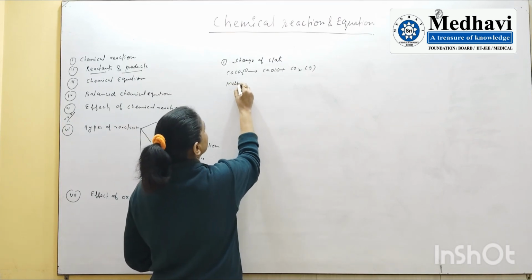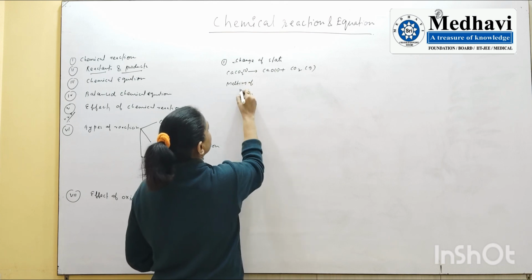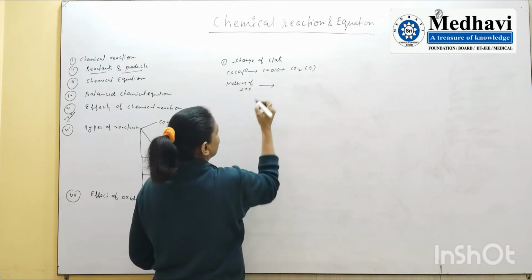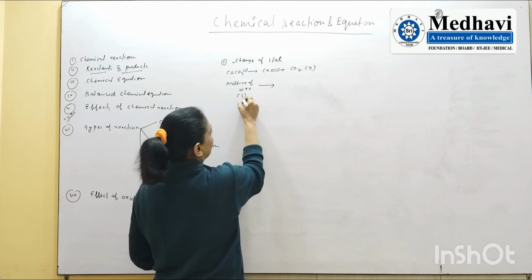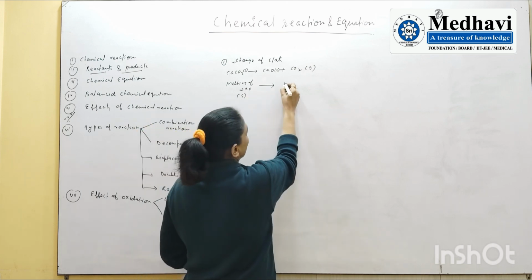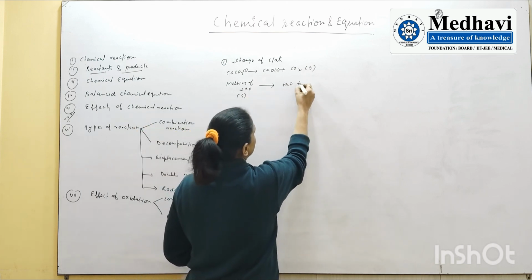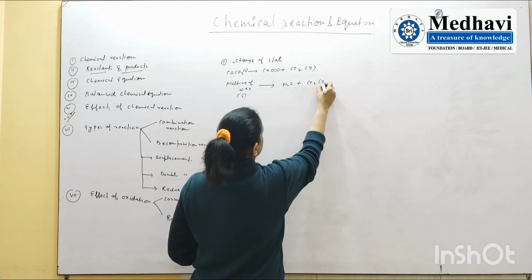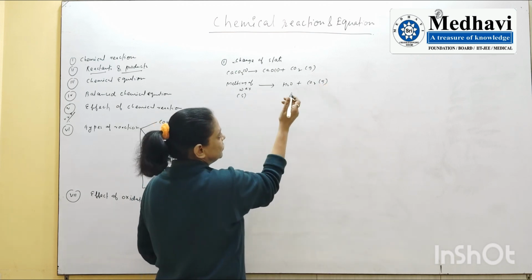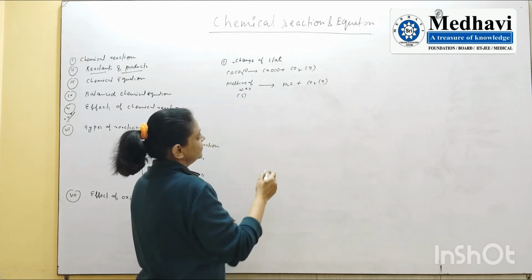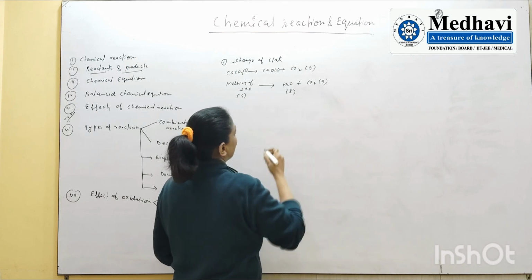Another example is melting of wax. When we melt wax, it is in solid form. After burning, we will get water plus CO2 gas. So here, water is in the liquid state and CO2 is in the gas state.